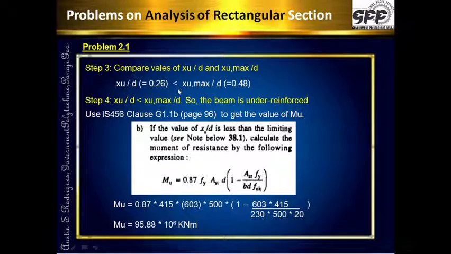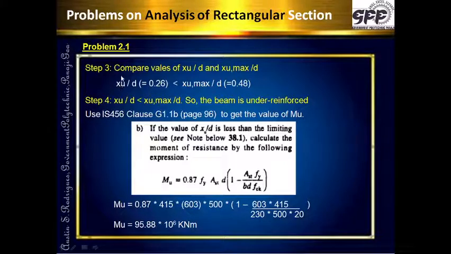It is less than the maximum XU max by D, which is 0.48. So we find XU by D, the actual one, much lesser than XU max by D. What is the inference of this? When XU by D is less than XU max by D, what actually happens?